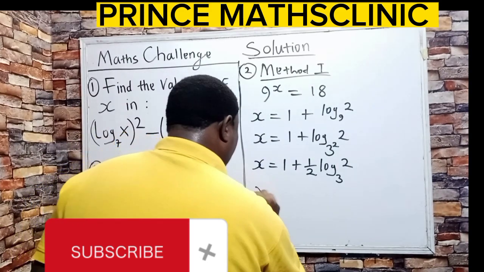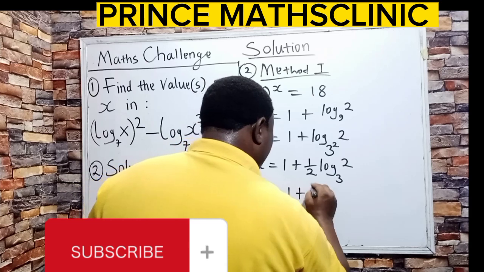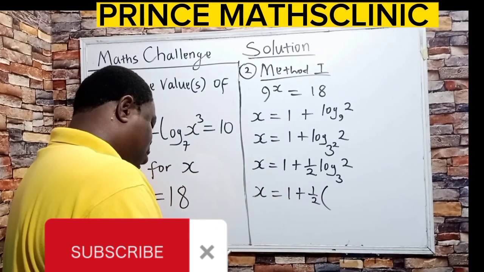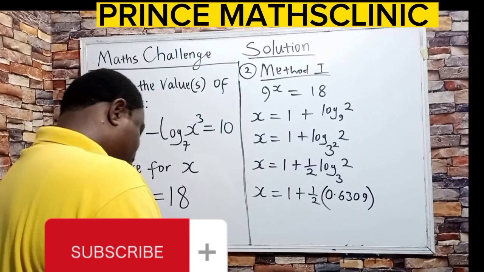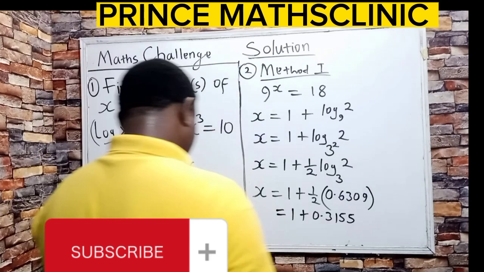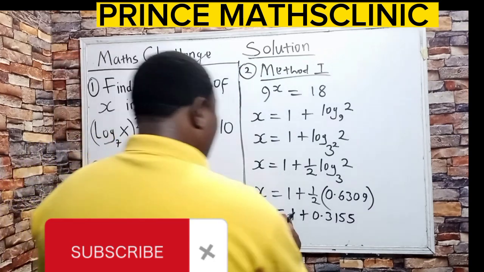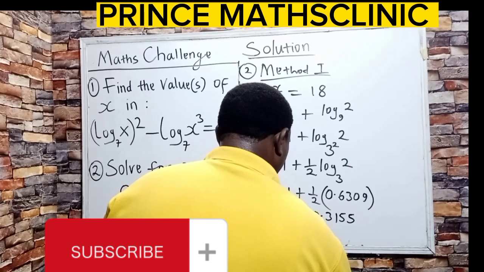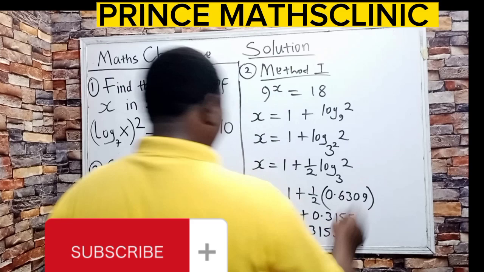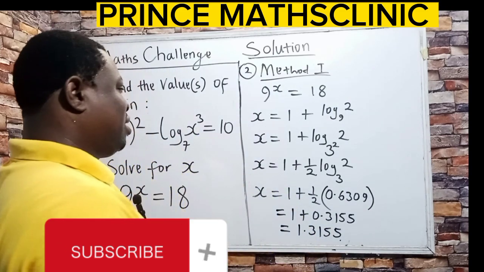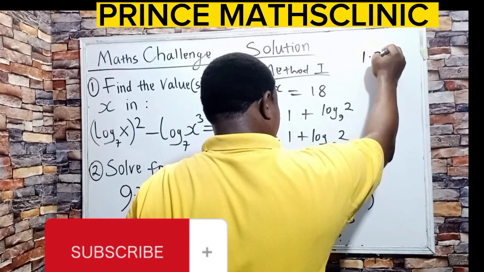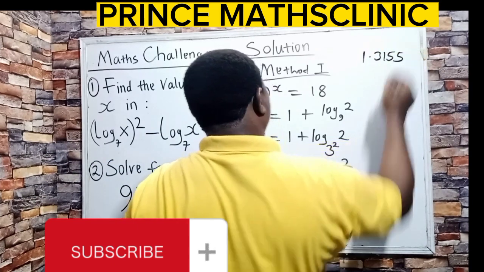So, going further, 1 plus half, then log 2 base 3 from our calculator multiplied by 0.5. So, if you add 1 to this, it becomes 1.3155. That is the value for x. So, let me document that here. 1.3155.